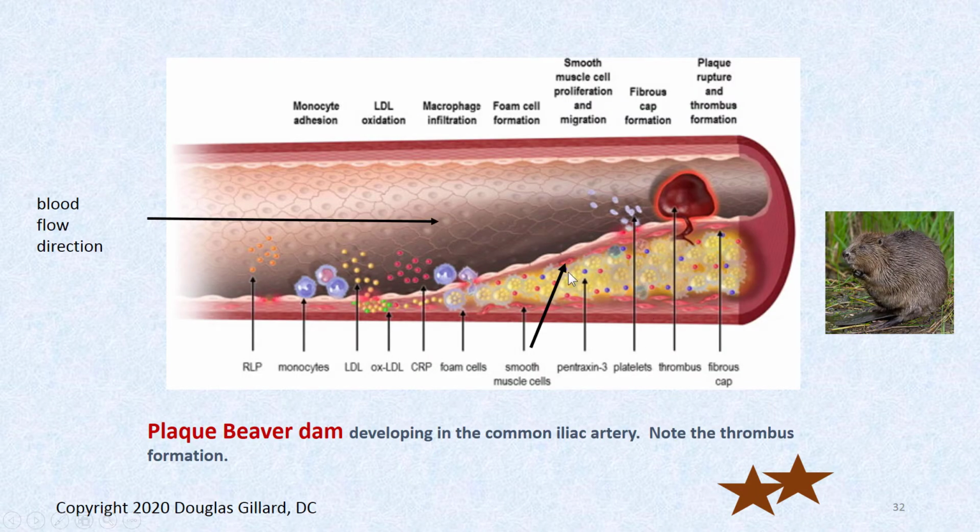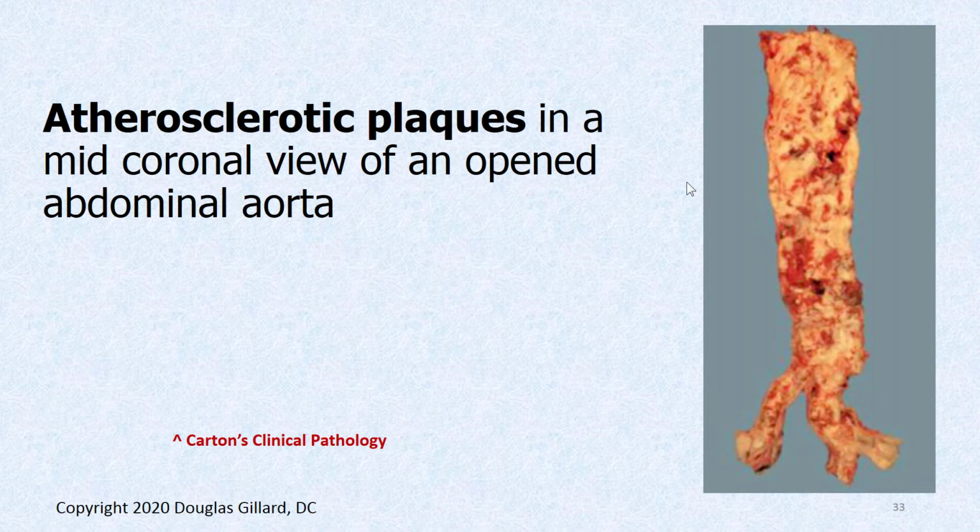Here's a beaver dam that's formed a plaque. So there's all these foam cells on the inside, and we'll look at this process in a minute. And the slippery three aren't working here, so it's really easy to start developing thrombus formation, which worsens the beaver dam. There's a real butterflied abdominal aorta, and you can see all the gunk and the plaque.